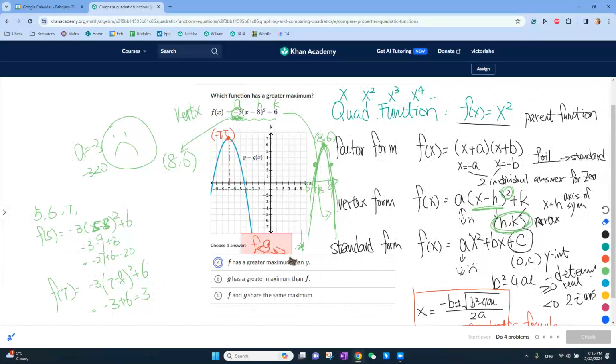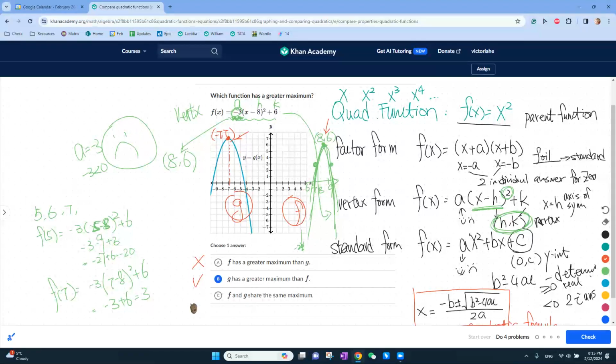G has a greater maximum than F. True or false? Look at it. True, that is true. So in this picture, we have analyzed 7 as our maximum right here. This one is going to be a 6 as a maximum. So B is going to be correct.